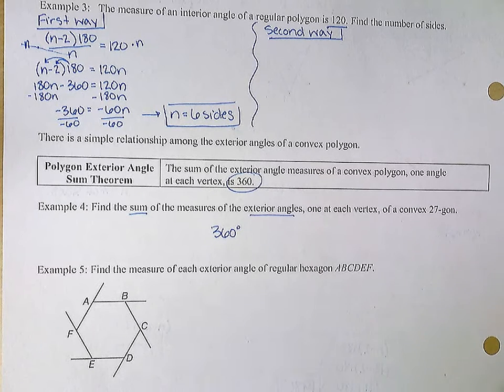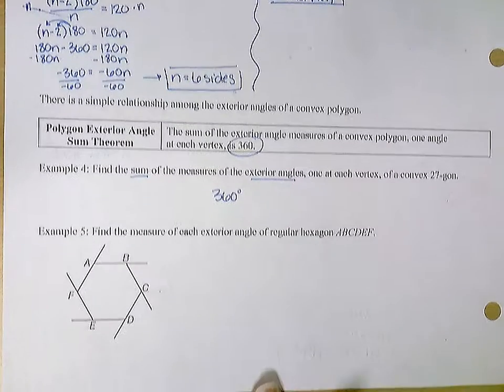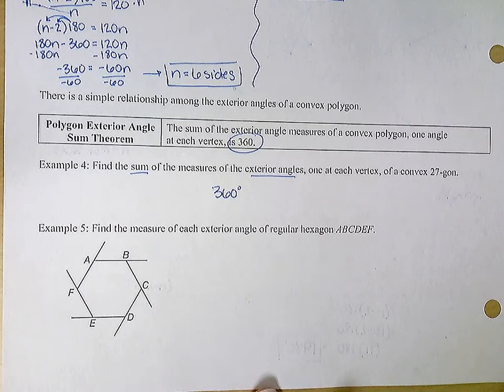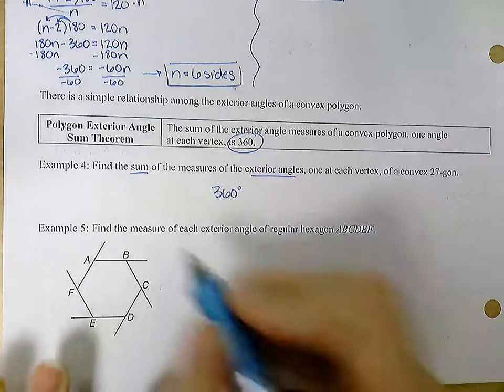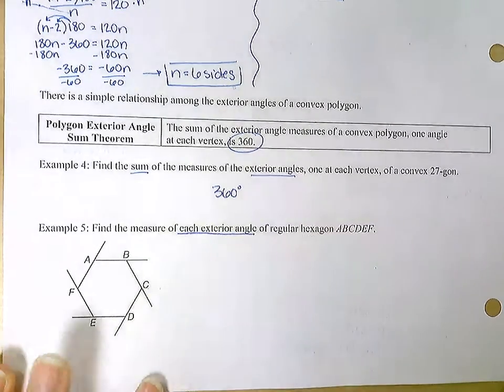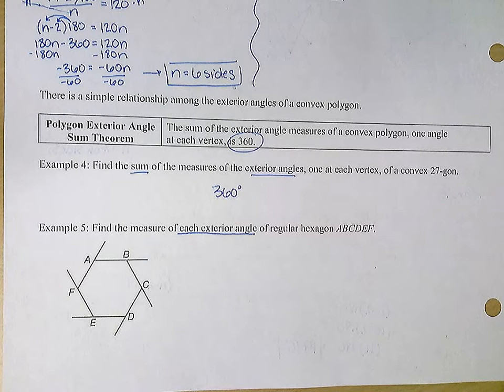Now in example 5, this one's a little bit different. So we want to find the measure of each exterior angle. Okay, since it says each exterior angle, that means you just need one of them, not the sum. So this one's not 360.